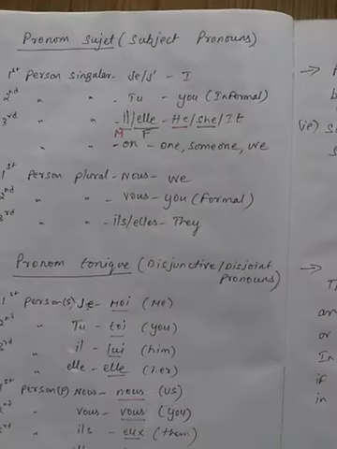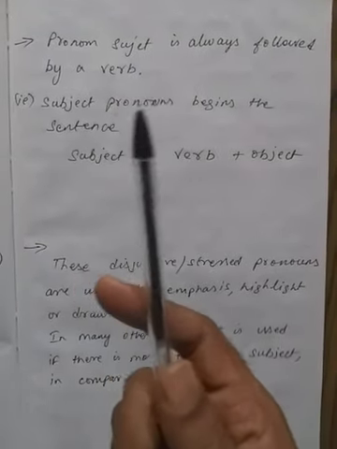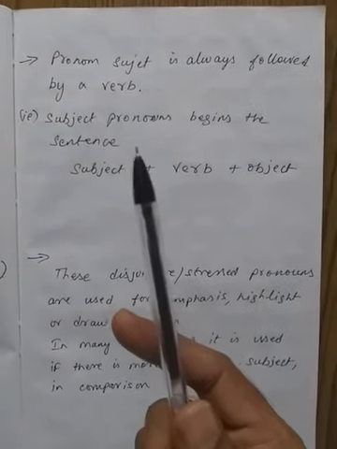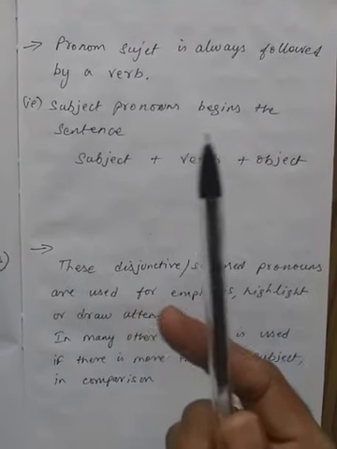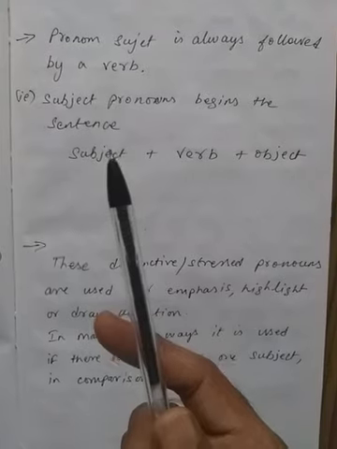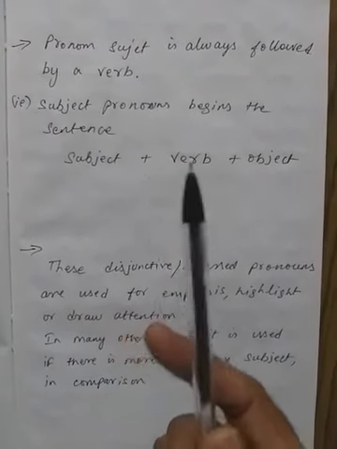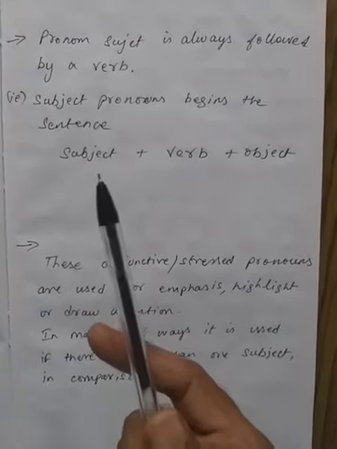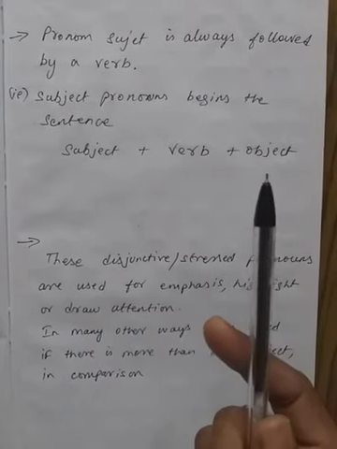So let us see the usage. The subject pronoun, as I told you, is always followed by a verb. Subject pronouns begin the sentence. What is the structure of the sentence? Subject, then verb, then object.